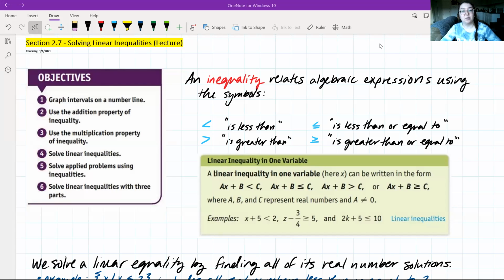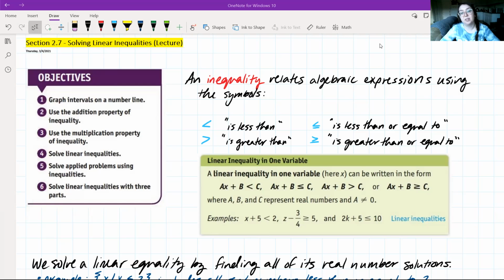So an inequality, as we've gone over before, relates algebraic expressions using the symbols less than, greater than, is less than or equal to, or is greater than or equal to. So with a linear inequality in one variable, here in this case in our green box we have x, and it can be written in the form of ax plus b is less than c, ax plus b is less than or equal to c, ax plus b is greater than c, or ax plus b is greater than or equal to c, where a, b, and c represent real numbers or constants, and a does not equal 0.